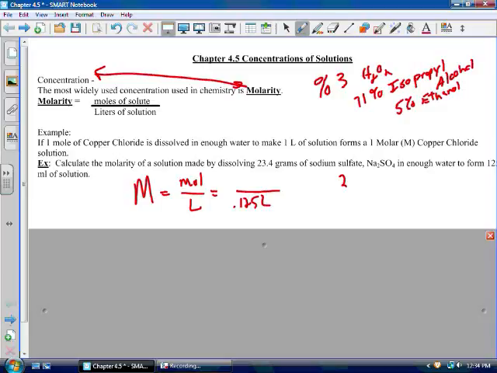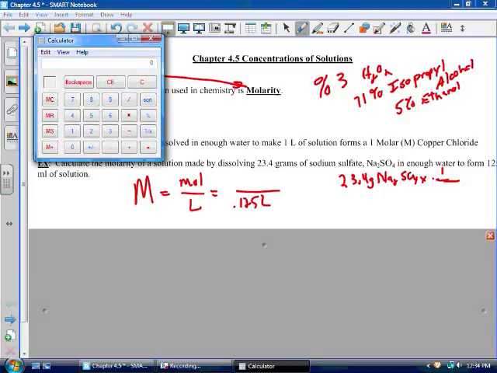We'll take our 23.4 grams of sodium sulfate and multiply by 1 over the molar mass. So we have to figure out the molar mass beforehand. On our calculator, we punch in 2 sodiums, which are 23 each, so that's 46, plus 32.1 for sulfur, plus 4 times 16 for oxygen, which is 64, giving us a molar mass of 142.1 grams.